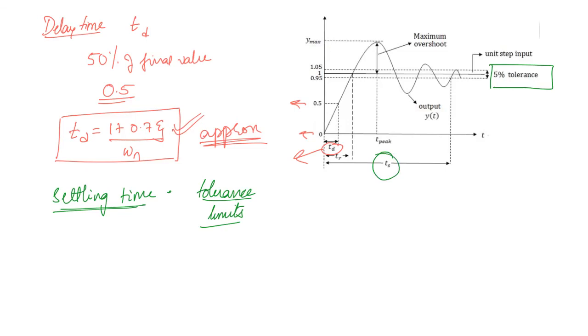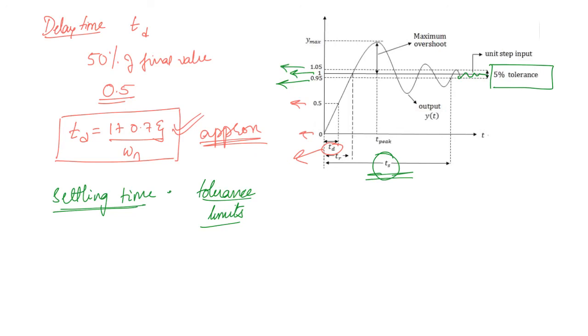You can see that after the settling time, the output stays within the 5% limits. 5% limits means 1 plus 5% of 1 is 1.05, and 1 minus 5% of 1 is 0.95. The time taken for the output to be within these limits is called the settling time.